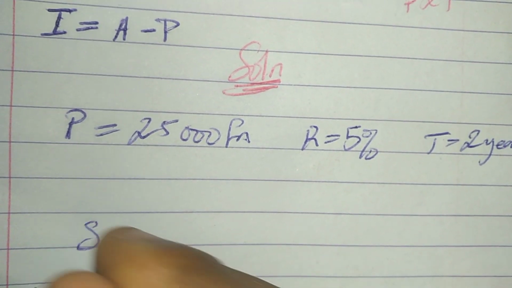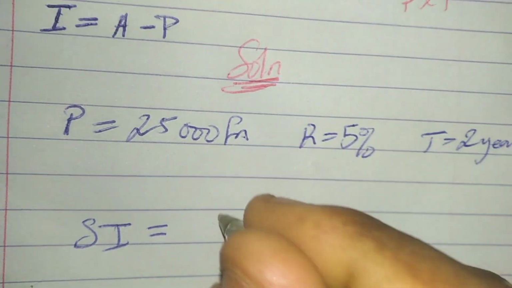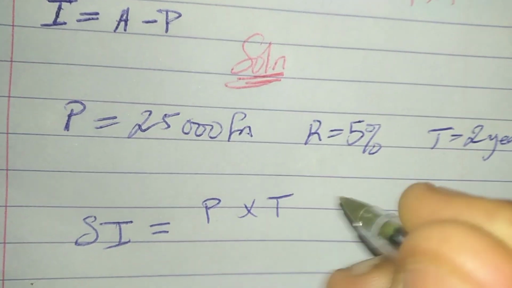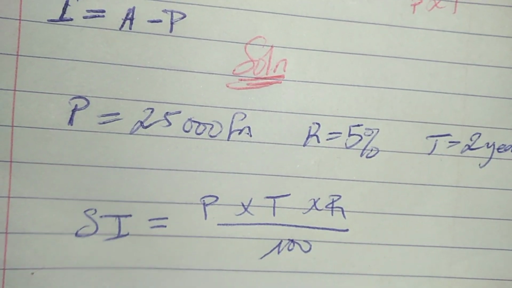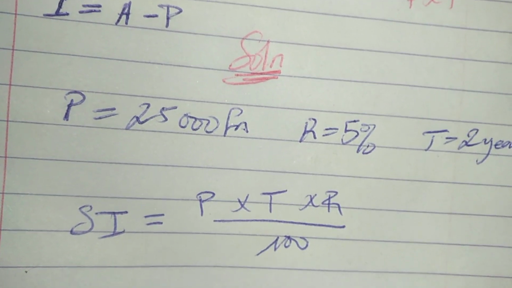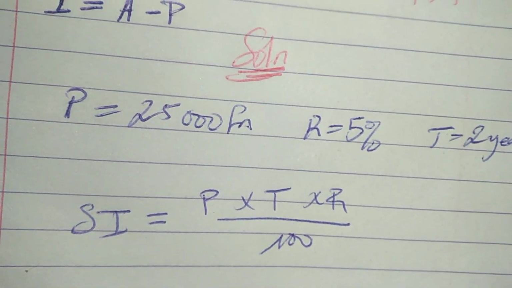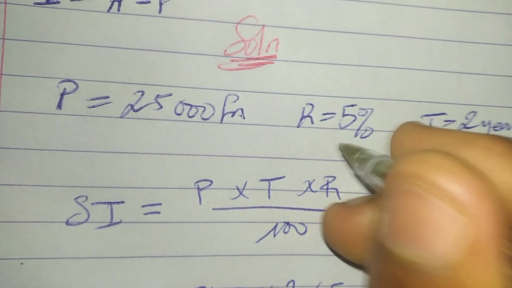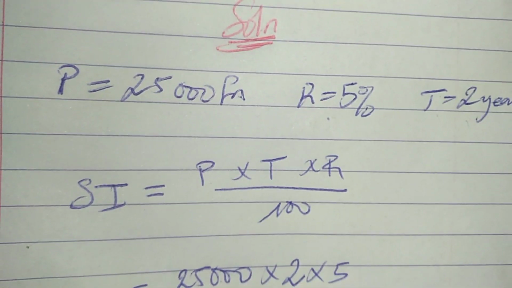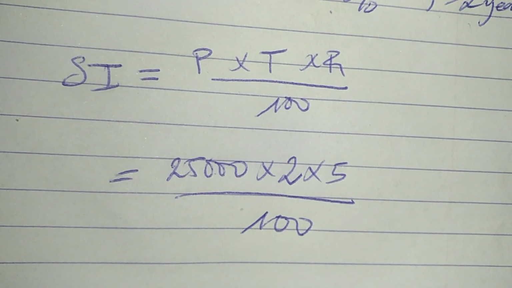So now the simple interest, which is principal times time times rate over 100, will be equal to 25,000, which is the principal, times 2, which is the time, times 5, which is the rate, over 100. Very good.